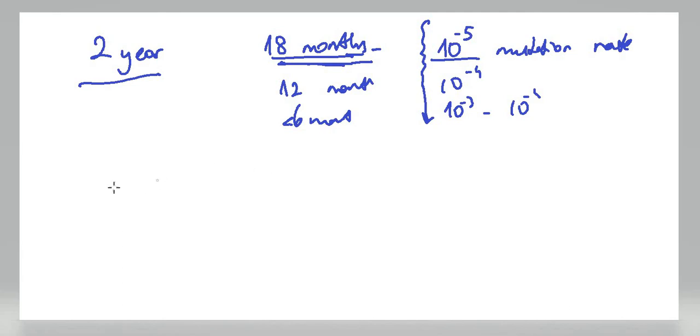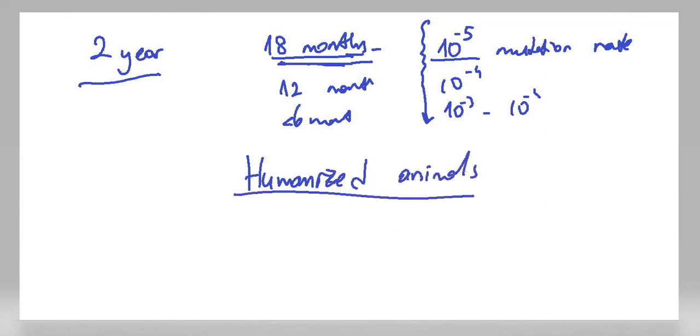So in order to achieve these kinds of stuff, the crucial part is humanized animals. The cheapest ones. Okay.